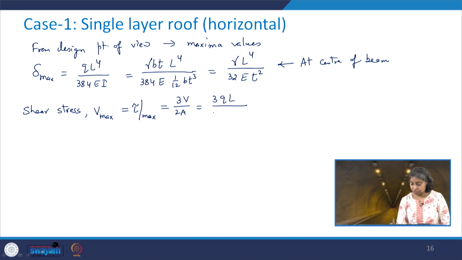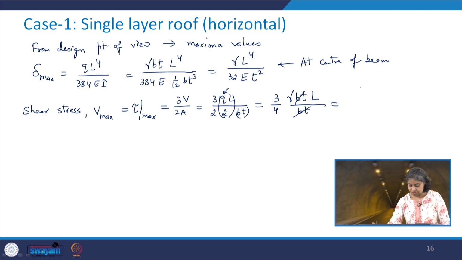I substitute it here, and then A is going to be B into T. Again substitute this Q as gamma BT. So, that is 3 by 4 gamma BT L upon BT. So, this will get cancelled. Ultimately you will get 3 gamma L upon 4.